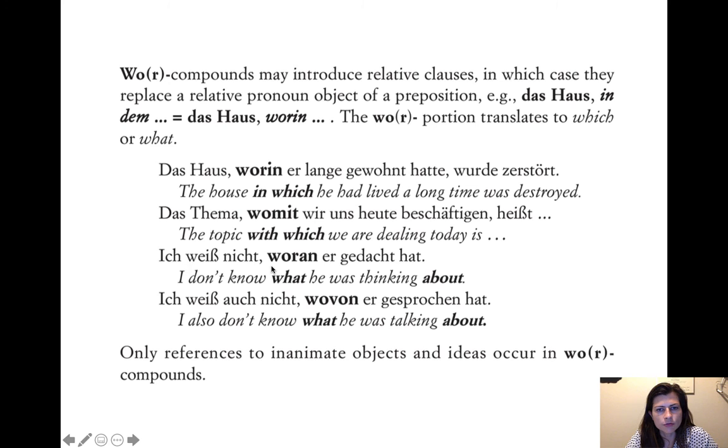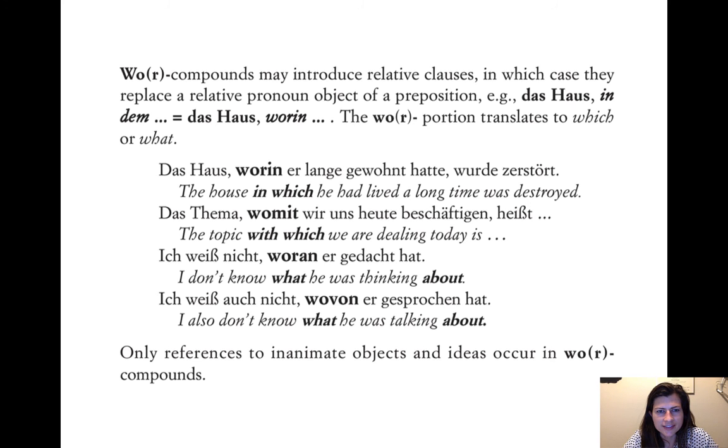Ich weiß nicht, woran er gedacht hat. I don't know what he was thinking about. What about he was thinking? So, yeah, ich weiß nicht, an dem. In this one, it doesn't work. Yeah, for some reason, it doesn't work with that one. So you can't always do it.